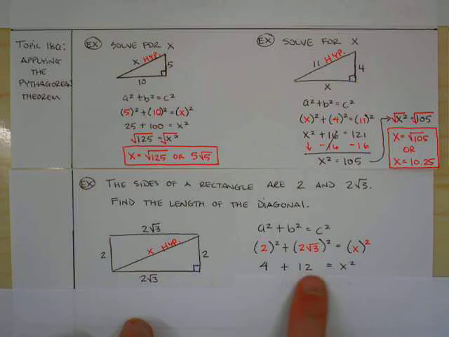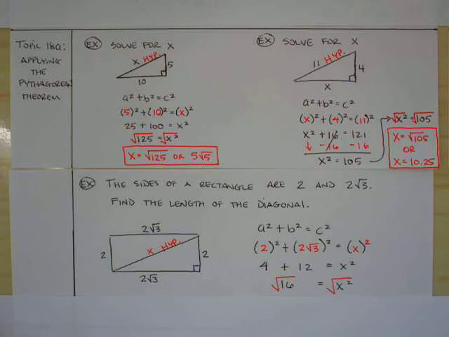And when I add those together, that is going to give me x squared. Adding those two terms together, I get x squared equals 16. And when I take the square root of both sides to simplify what I've got there, I am left with x equals 4.